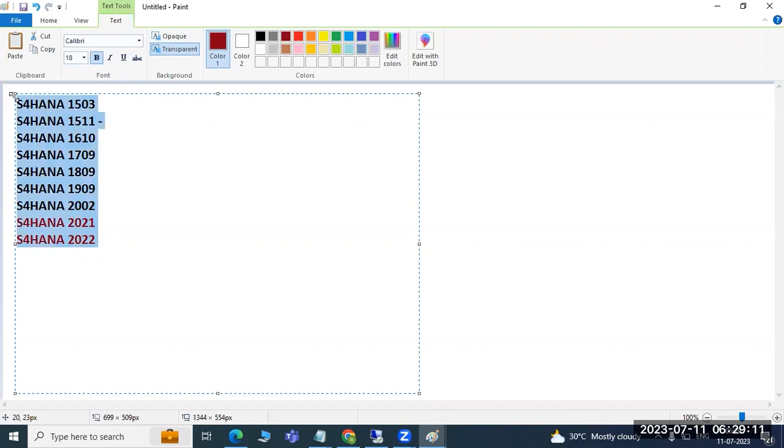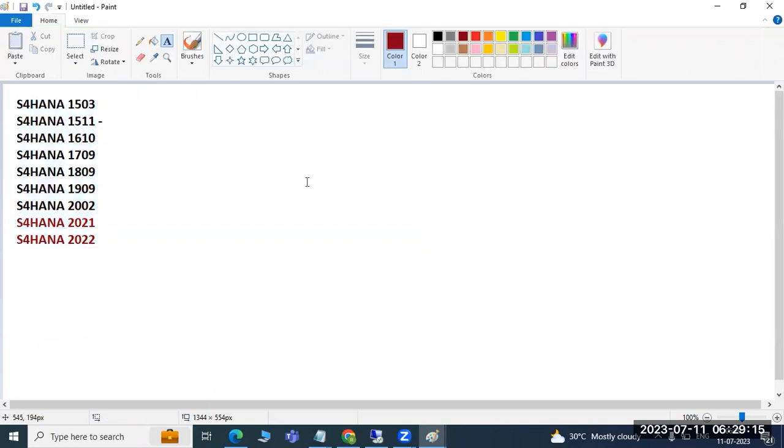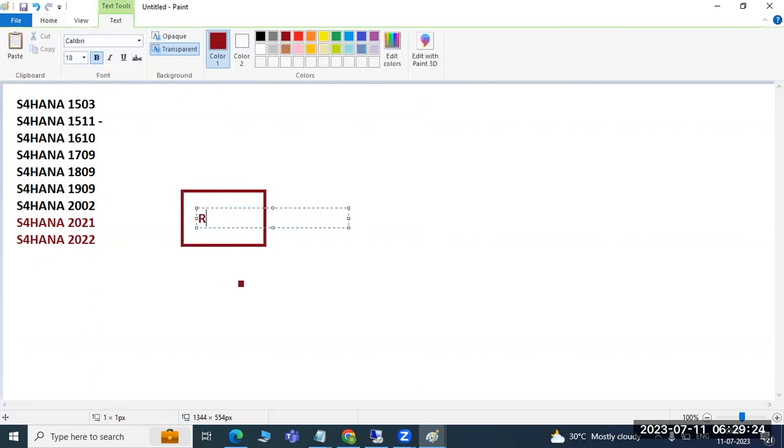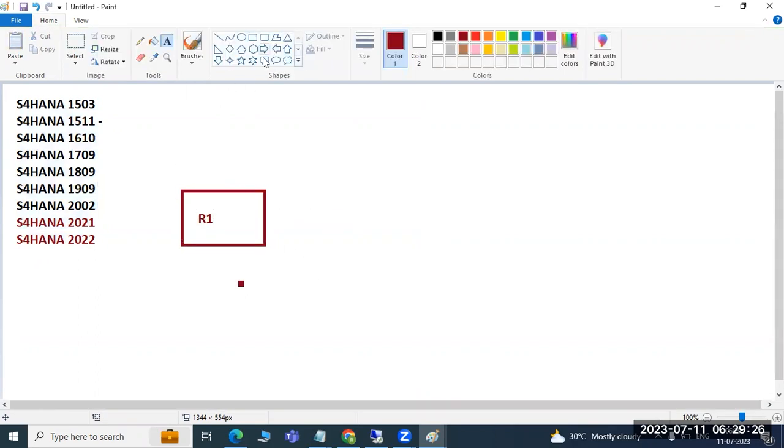How they have released the S4 HANA versions: if I draw a diagram here, first R1 architecture, then they changed it to the R2 architecture, then the R3 architecture. ECC also comes under this picture, the R3 architecture.